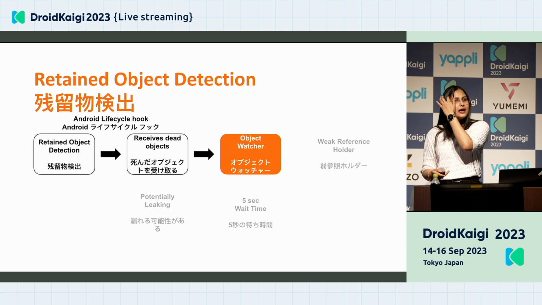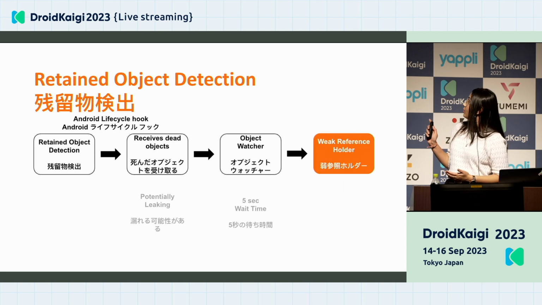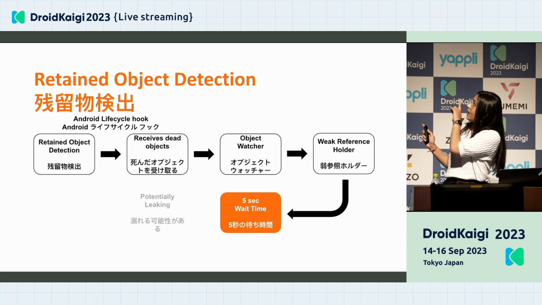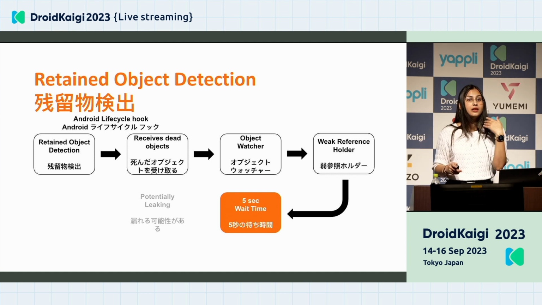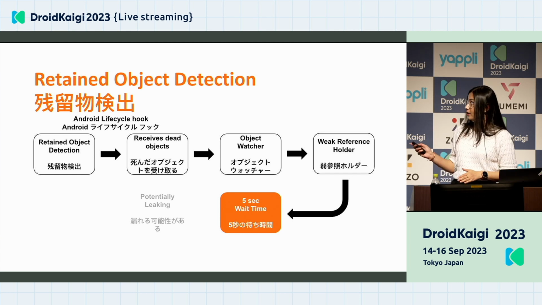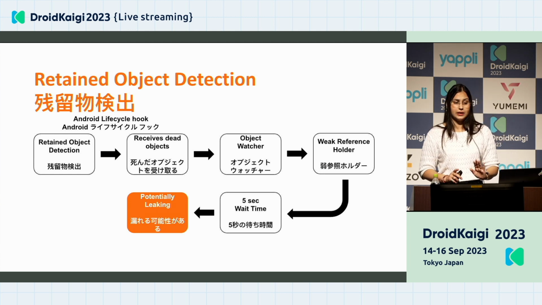And not only that, if you want, you can watch any object of your choice. So what happens now? Once we have the weak references, we wait for 5 seconds, and then we execute GC on top of it and see whether the object is getting cleared. If not, then it is considered to be potentially leaking.